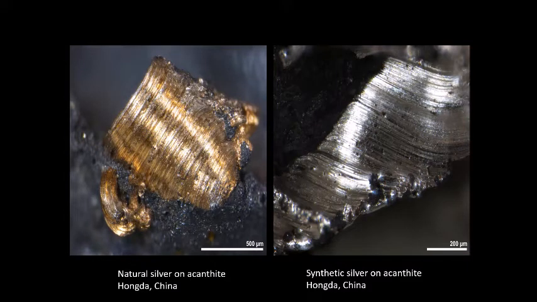Now you can tell from the previous images and this one here that the characteristics of both the natural and the synthetic wires are almost identical. In fact, here's a specimen on the left, a natural wire silver on acanthite from Hongda, China. And on the right is a synthetic wire silver on the exact same acanthite that we grew in the laboratory.